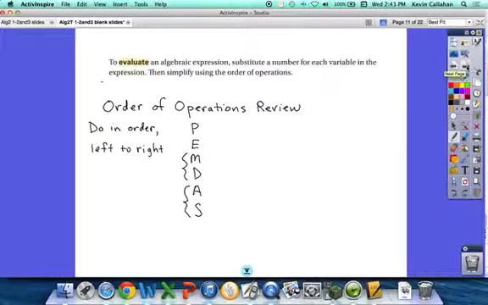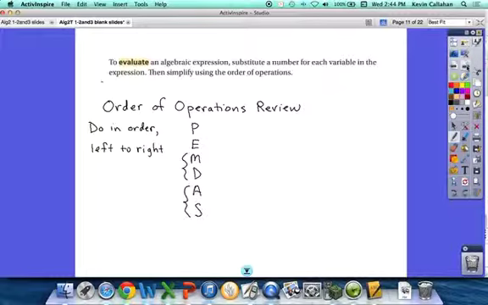Okay, so when we evaluate an expression, what it means is you're going to get an expression and a value of the variable, and you're supposed to find the value of the expression for the given value of the variables. That generally turns into an exercise in can you do order of operations? And usually what do we use to remember the order of operations? The PEMDAS thing, right?